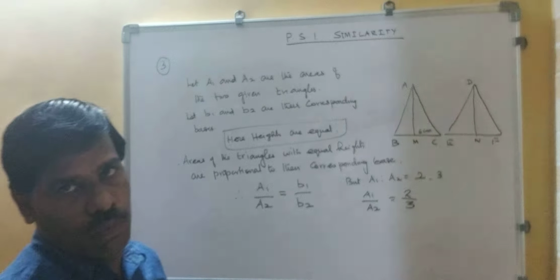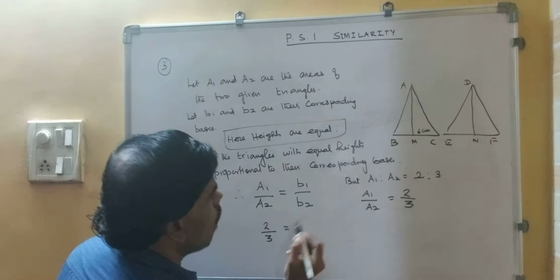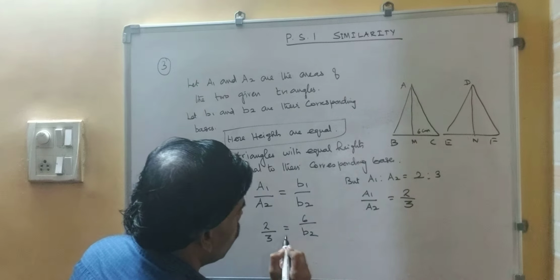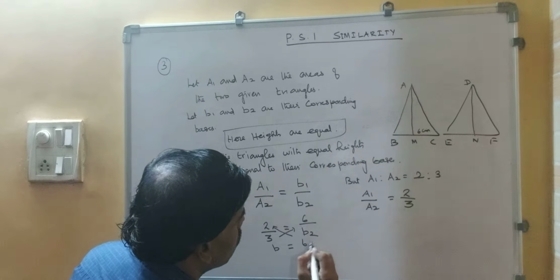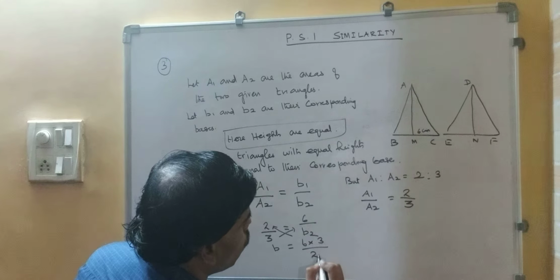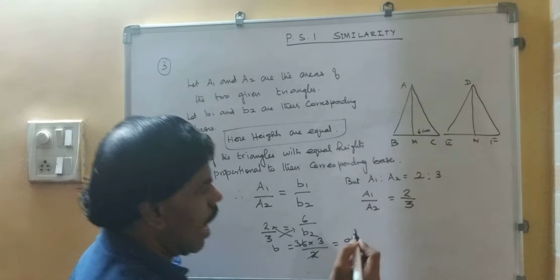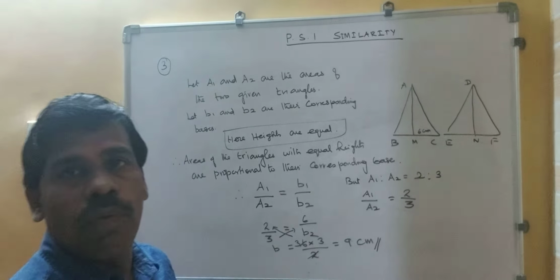It is given to you, right? So, we will substitute 2/3. And the base of the smaller triangle is 6. So, we will cross multiply. B2 equals 6 into 3/2. So, B2 equals 9 centimeter. Followed or not?